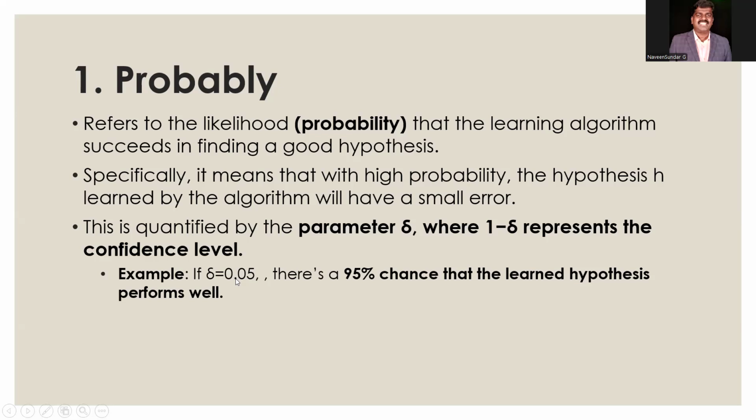For example, if the value of delta is 0.05, that means 5%, then the remaining 95% is the chance that the learned hypothesis performs well. This is how we calculate based upon the delta value.